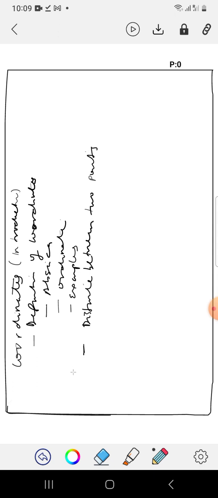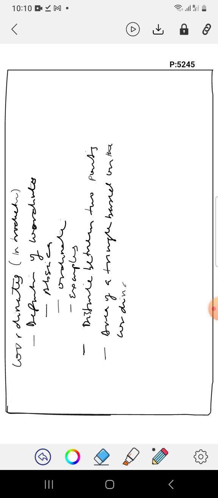Finally for today, we're going to look at how to construct the area of a triangle just based on the coordinates of its vertices. All right, so vertices.